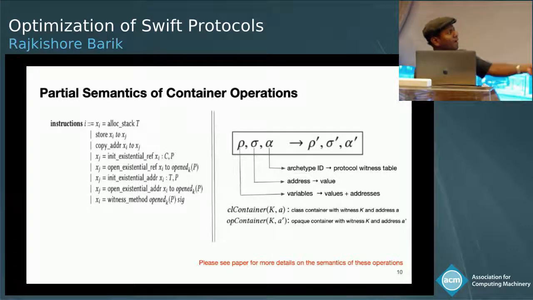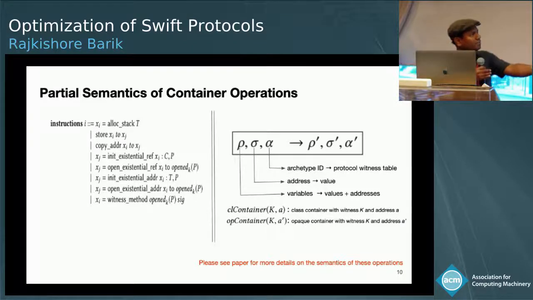Similarly for init existential ref, you create a class container using CLContainer k and a, where k represents the protocol witness table and a is the object that we are trying to store into the existential, and then you map that to your xj, and those are the mappings that are kept in rho.